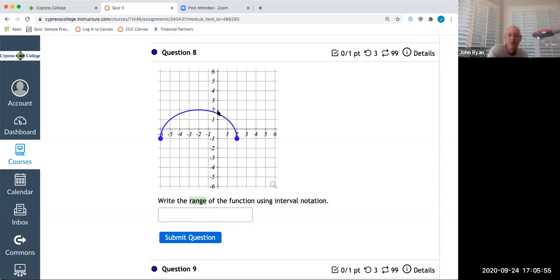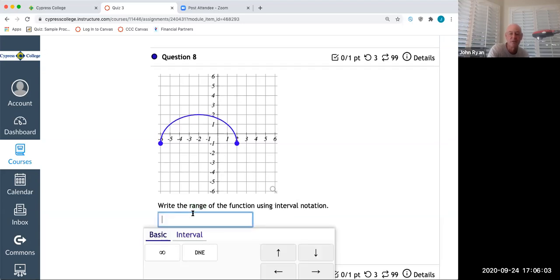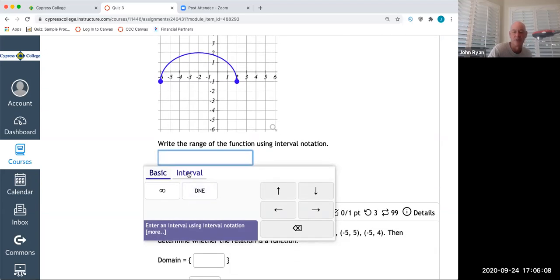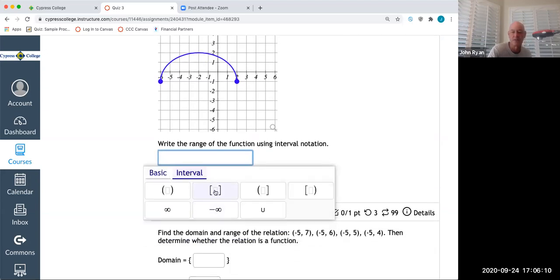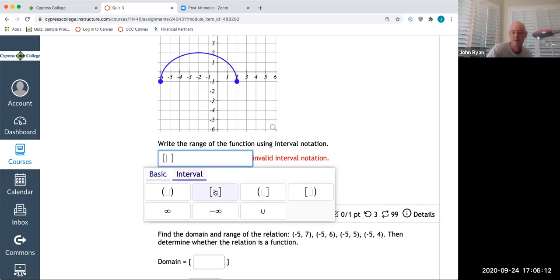So negative 1 to 2, including negative 1, solid dot, and including 2. Now if you click on interval, they have the brackets there for you already. So once again, negative 1, comma, and it goes up to positive 2. There it is.